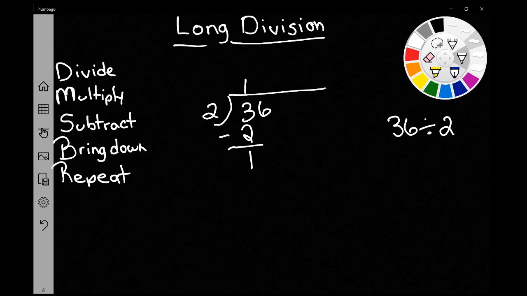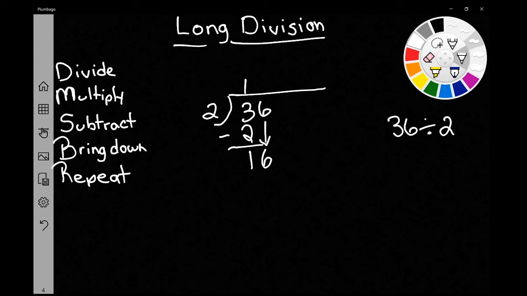Now, my fourth step is bring down. So I'm going to bring that 6 down beside the 1. And so now I've got 16 there. So I am going to be working with this whole number here. So now I'm going to go 16 divided by 2. So how many 2's fit evenly into 16?